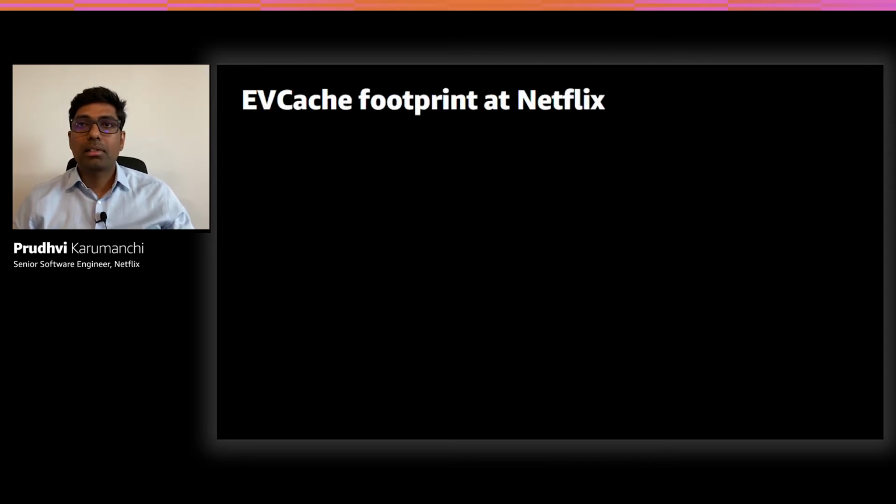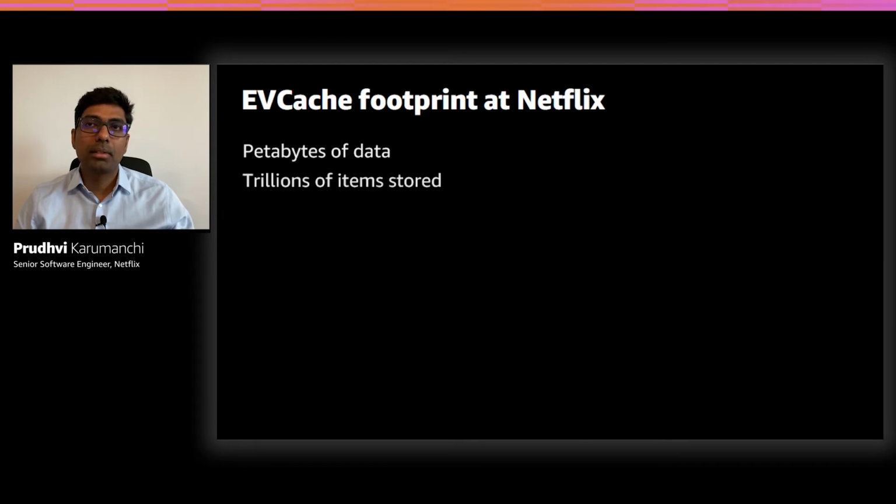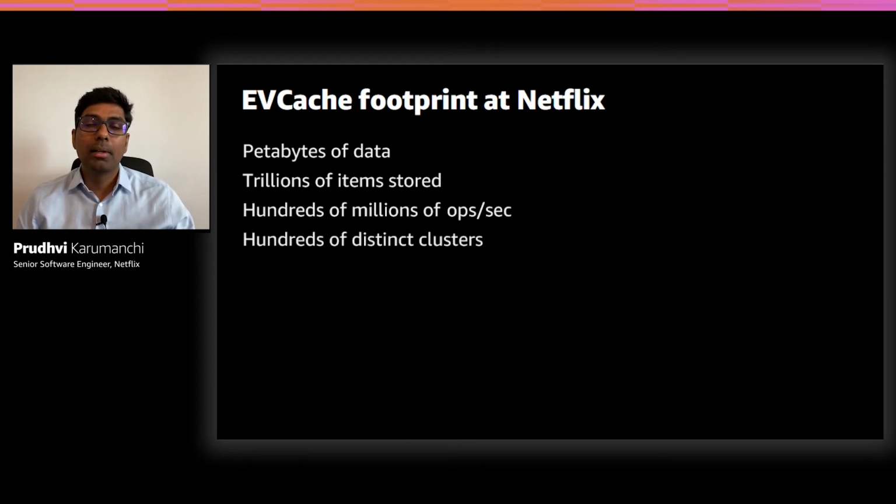Okay. Let's talk about the EV cache footprint here at Netflix. We have petabytes of cache data that is stored on EV cache, and we have trillions of items that get stored here. And at any given point, we're talking about hundreds of millions of operations that the EV cache servers are handling.